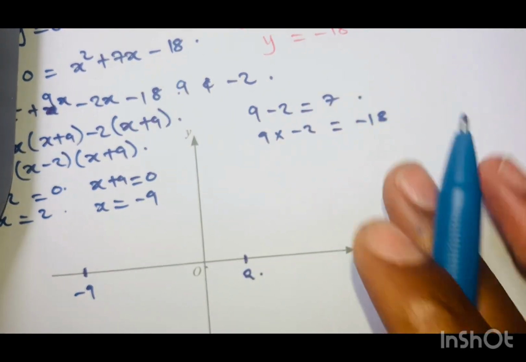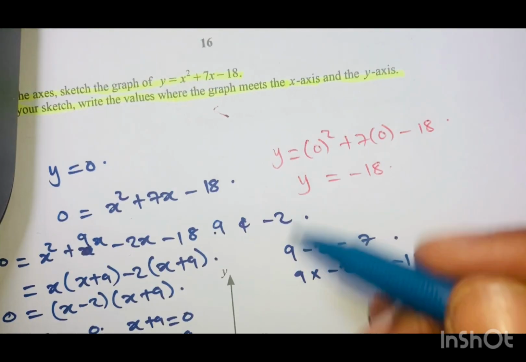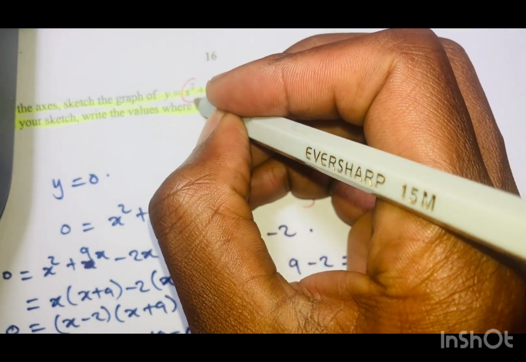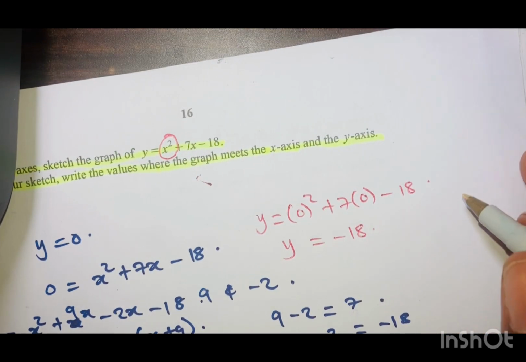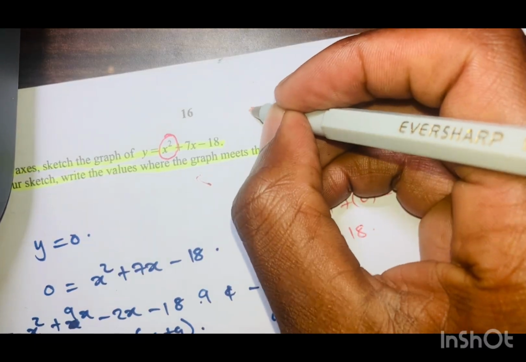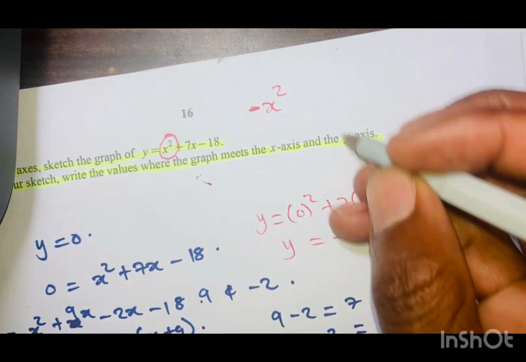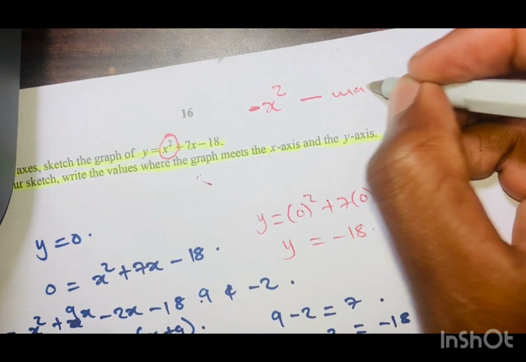Also, on another point, the significance of the coefficient of x squared: if the coefficient of x squared is negative, if you have negative x squared, it means your graph has a maximum.